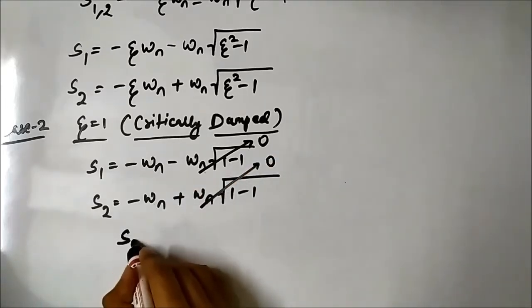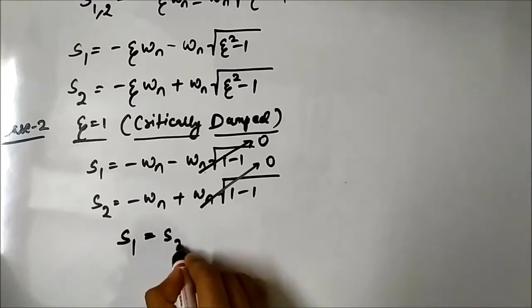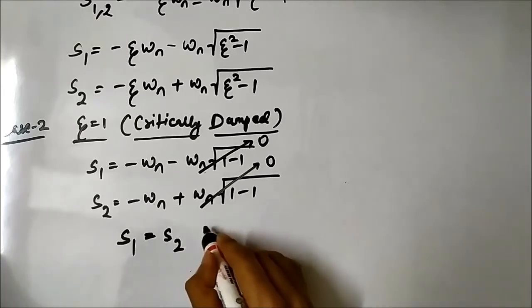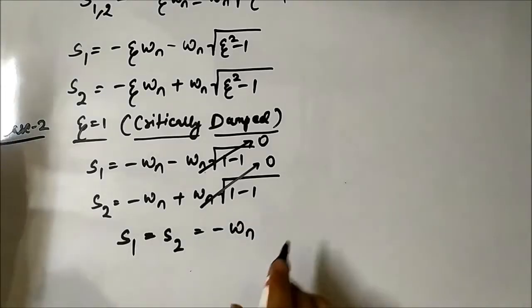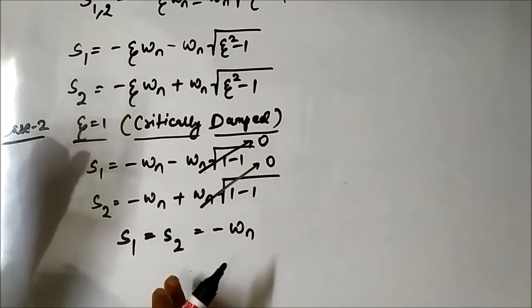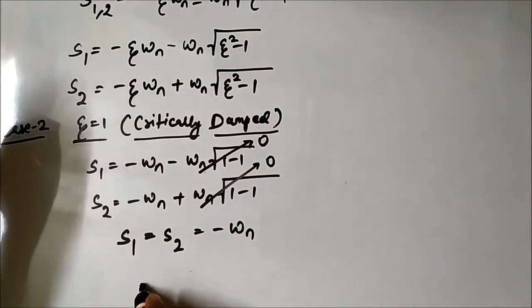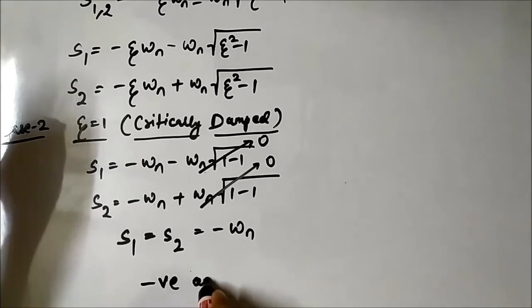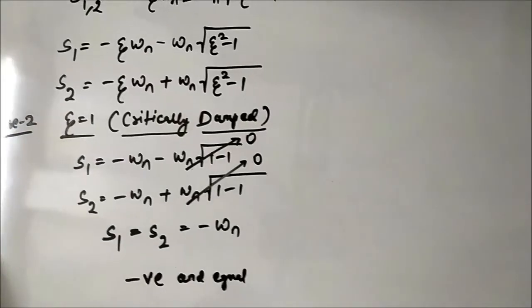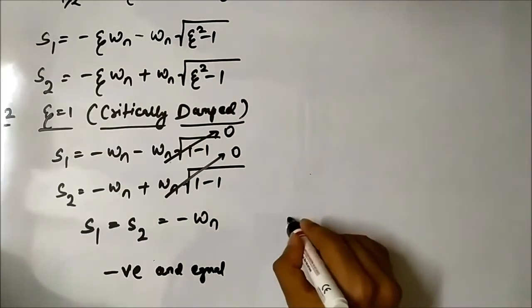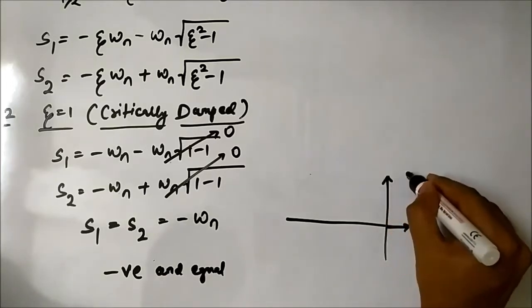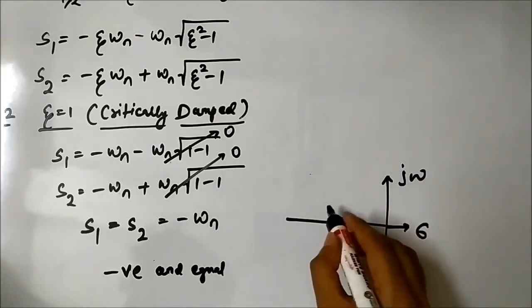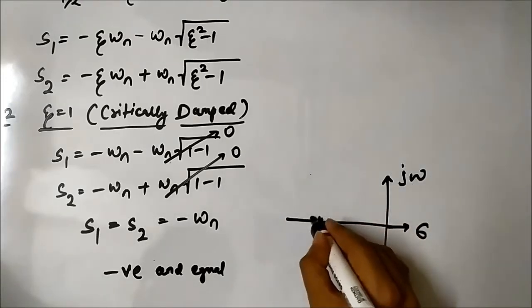So both S1 is equal to S2 is equal to minus omega n. Okay, so both of the roots are equal. Both the roots are negative and equal. So if we plot the roots on the complex plane, sigma j omega, the location of the roots will be the same.